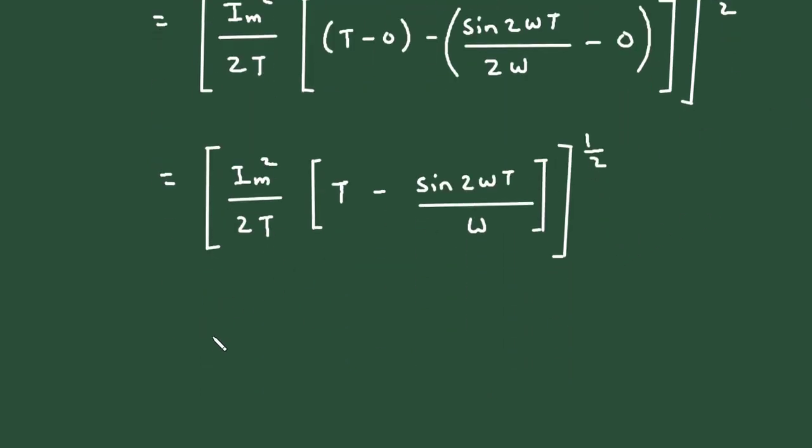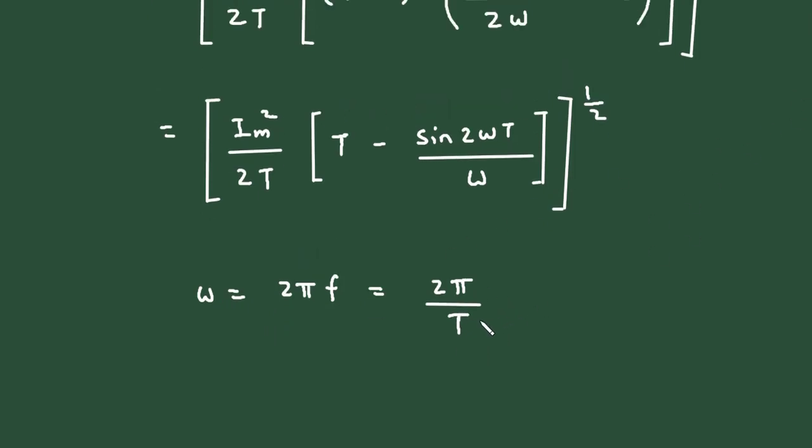Now we know that omega is equal to 2 pi f and f is equal to 1 upon T. So omega is equal to 2 pi by T.